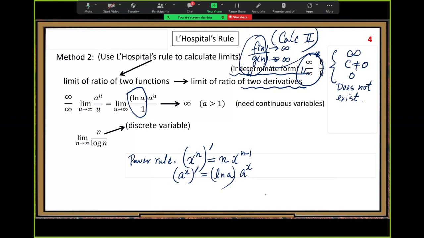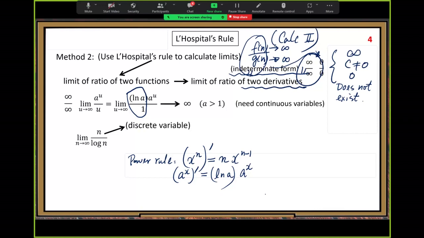But for discrete variables, there is a problem. The discrete functions do not have derivatives. Derivatives cannot be defined for discrete functions.